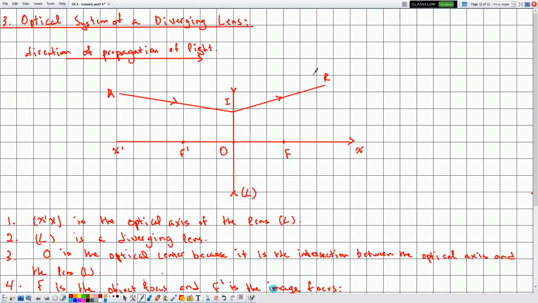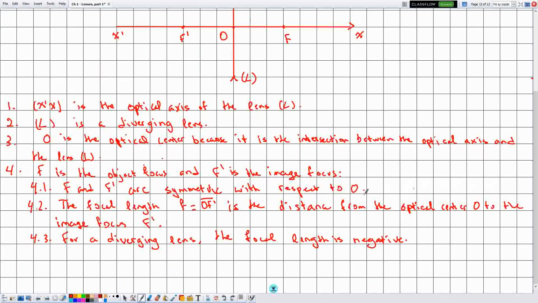And IR is the emergent ray because the word emergent means coming out from. Then idea number 5, AI is an incident luminous ray and IR is the emergent luminous ray. Five point one.